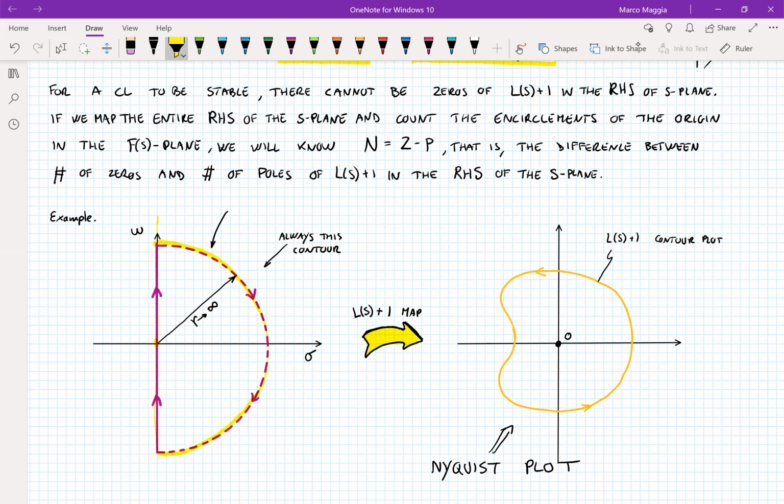So it's technically infinite, but you have to think about it as a closed semicircle whose radius approaches infinity. This way, we are taking care of all the points on the right-hand side of the plane.